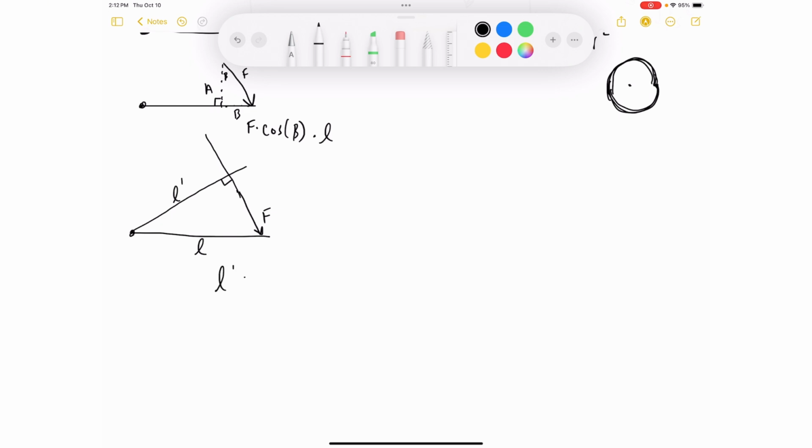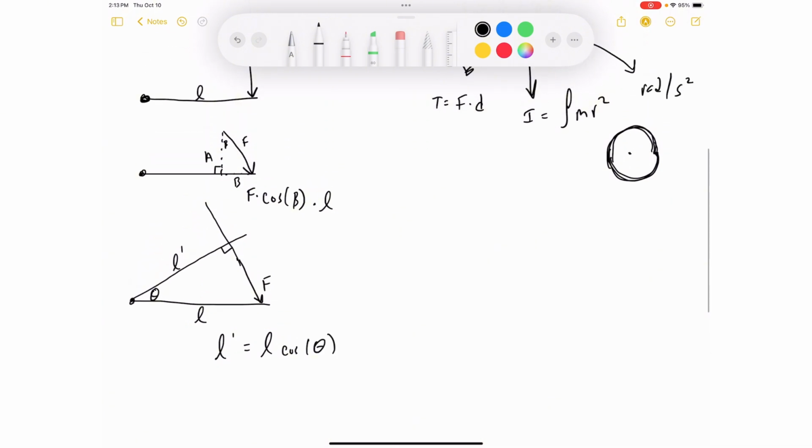L prime is just L, and let's say you knew this angle right there was theta. Because that's adjacent to it, you would say cosine. So it would be L times the cosine of theta, right?